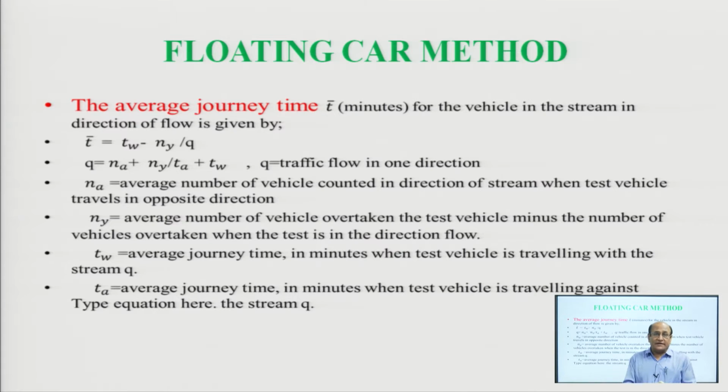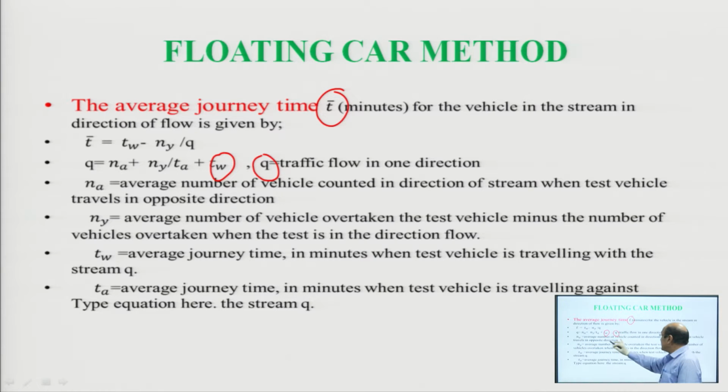The floating car method: the average journey time, means average journey time in minutes for a vehicle in a stream, will be given by T average is equal to TW minus NY by Q, and here Q is equal to NA plus NY divided by TA plus TW. Here Q is the traffic flow in one direction.